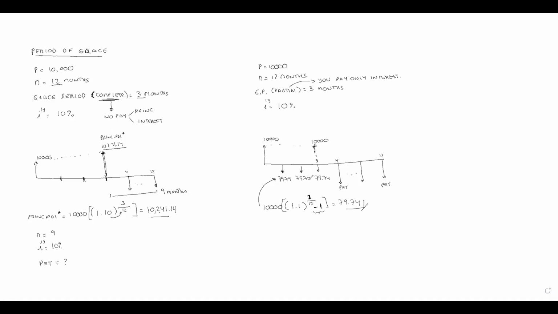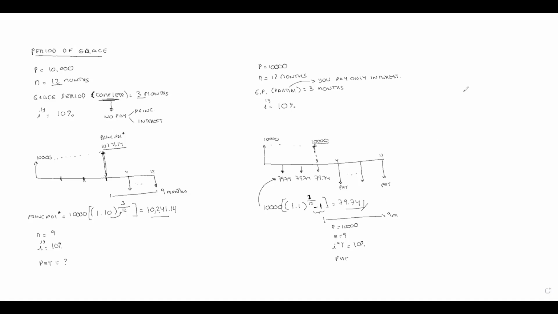As soon as you are paying interest, my principal doesn't change. So from here to here it's 9 months. You say basically my principal is $10,000, n equals 9, interest for 1 year equals 10%, etc. Then you can compute your payment and build your schedule. Can you do that? Let's say 5 minutes maximum.